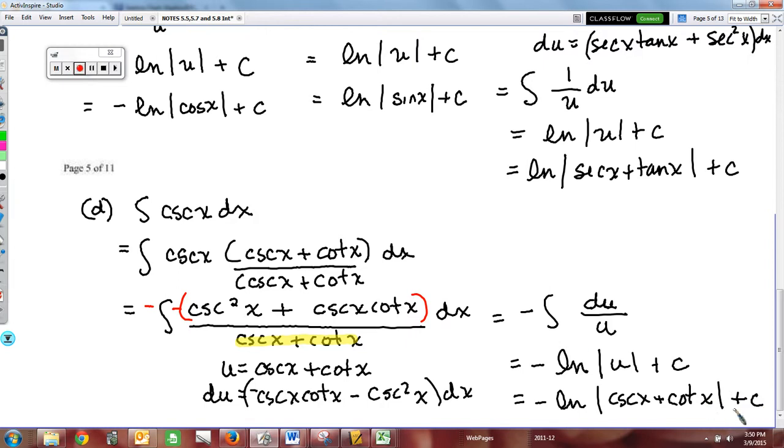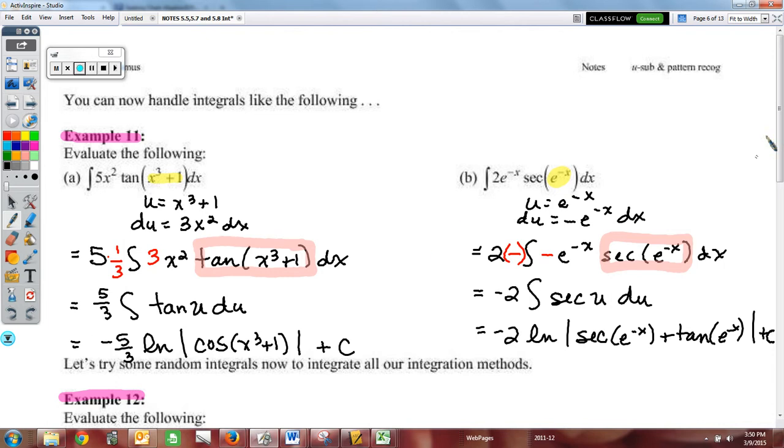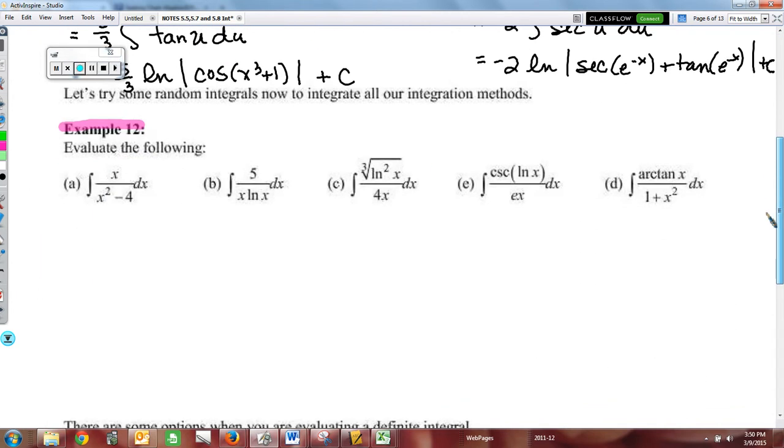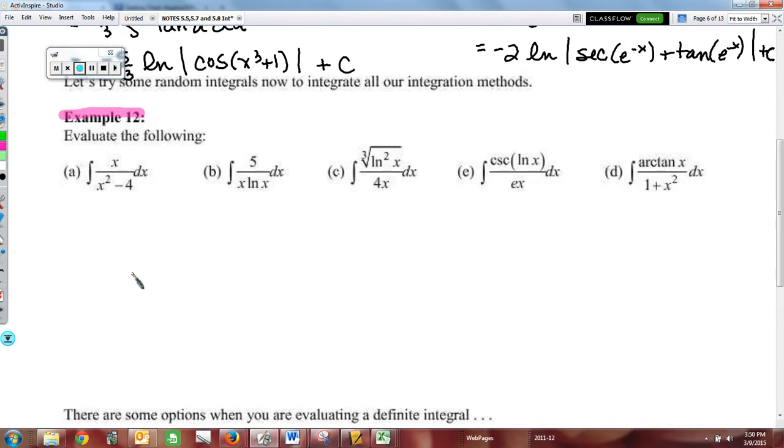For these rules, I would never recreate them from scratch. Just memorize them and add them to your integration rules for all the trig functions. A little bit harder to memorize, but really not too terrible if you think about how it works. Okay, now let's take a look at example 12 and work through those.